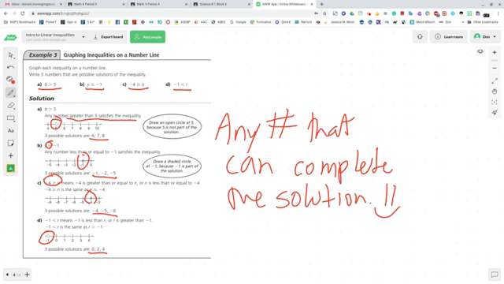We could have picked all kinds of numbers as long as it is greater than -1, or -1 is less than r. I guess this is kind of a tricky one. We could actually even rewrite this one: r is greater than -1, because both of these mean the same thing, just how you see it. Okay. So we'll talk a little bit more about this in a few more lessons, and see you soon.